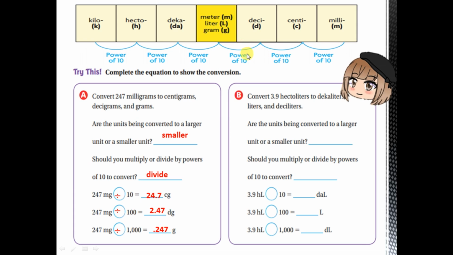I move to the right 3 places, I multiply by 1000. So hecto here, is it a greater unit or a smaller unit? Hecto is a greater unit here. So we moved from larger unit to smaller unit. And if you move to the right, do you multiply or divide? You will multiply. So in all these cases, I will multiply. So the first case, I want to convert it to decaliter.